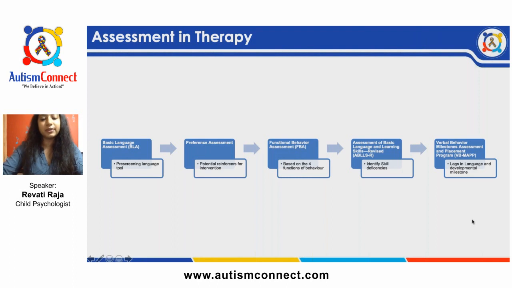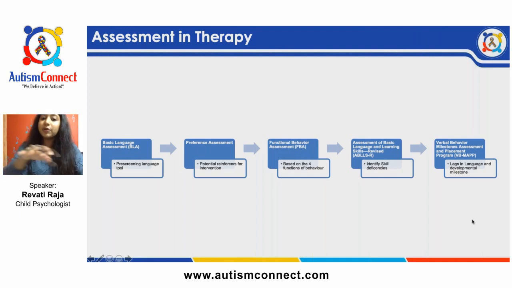You have to work with multiple levels in order for us to be able to help the child function at the level that we want to get them to. But I'll be talking to you more about the behavioral aspects of therapy, and therefore the assessments used in the same.